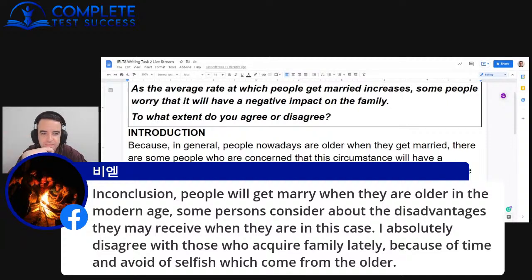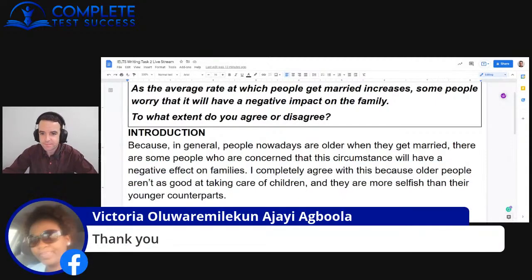The modern age is not really an academic phrase. Again, people, not persons. Yeah. So besides language mistakes, that's a good conclusion.